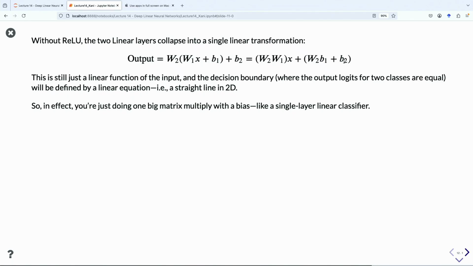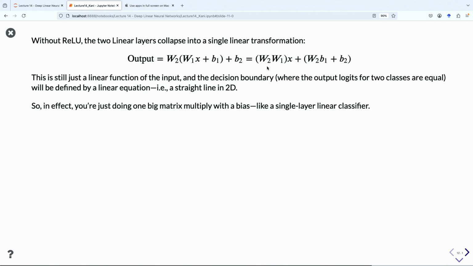Okay? So if we don't have anything between the layers, what happens is that mathematically, this is still just a linear function. Mathematically, this stays a linear function. And really, the model will just treat these two weight matrices here as a single weight matrix.